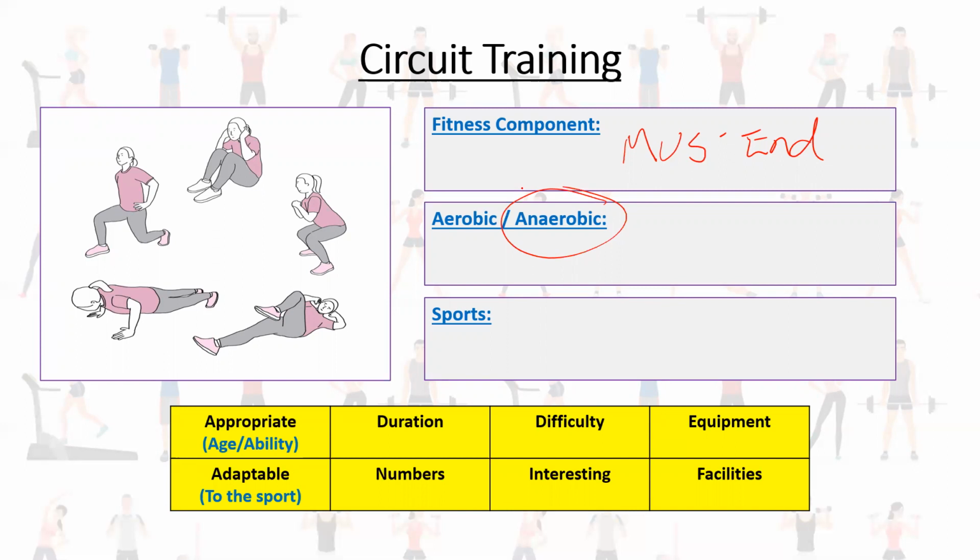Now, in terms of the sports, one of the benefits of circuit training is that it's suitable to a wide range of sports. It's not that circuit training wouldn't be suitable for many sports. I'm struggling to think of any that you couldn't do circuit training for, because muscular endurance is such a generically important fitness component.